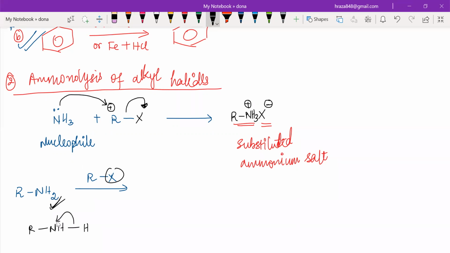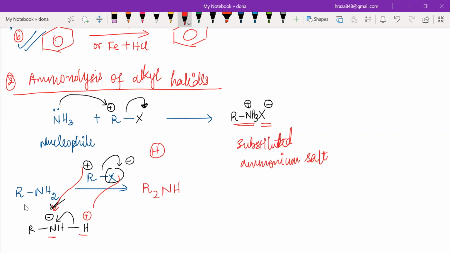So this will take its electron, it will have negative charge, and this will be in positive. So this positive will attack on this negative. And since hydrogen's electron is gained by nitrogen, it will have positive and they both combine to form HX. Now what will we get? We will get R2NH.